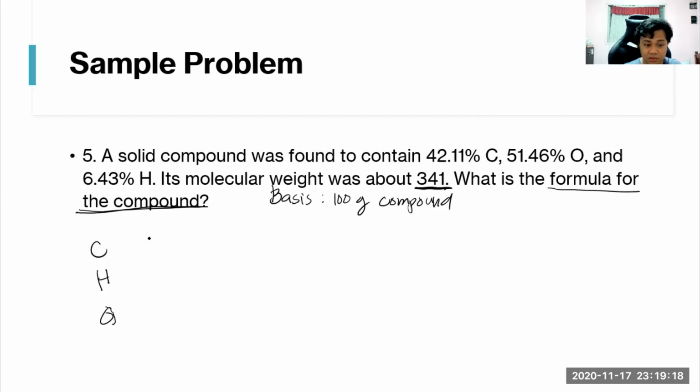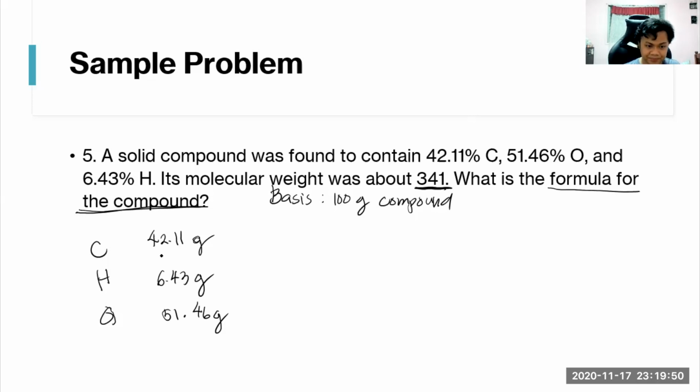So the weight of the individual atoms is 42.11, and then 6.43, and then 51.46 grams. Now we will get their moles so that we will know their molar ratio.